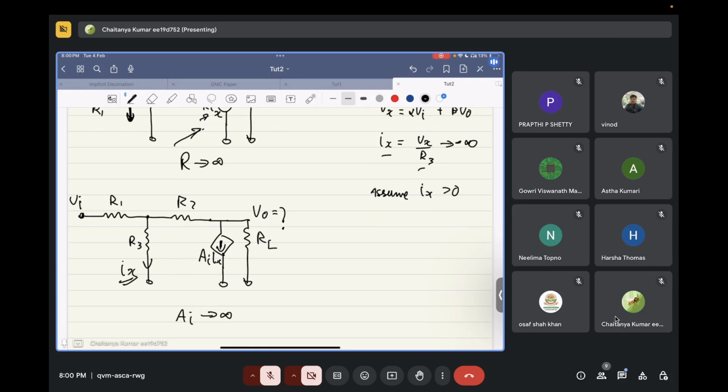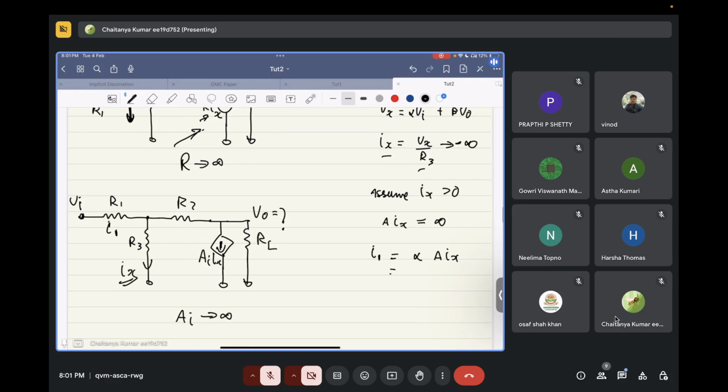So if Ix is greater than 0, A times Ix will be infinity. So infinite current is flowing in this direction. Now this I1 will be some resistor divider between R2, R1, R3, and the current will divide. So it will be some alpha times A times Ix, right?